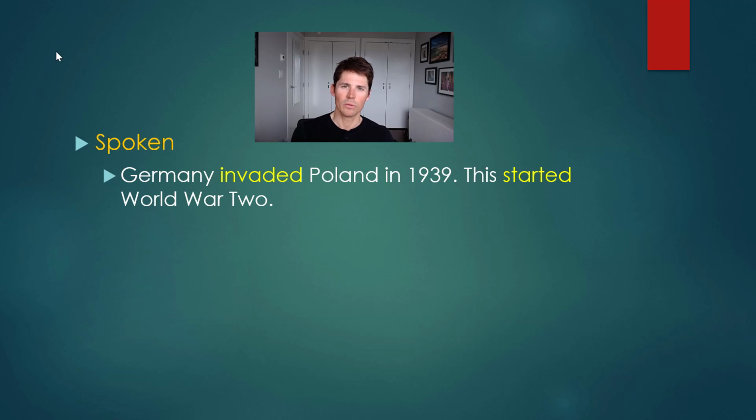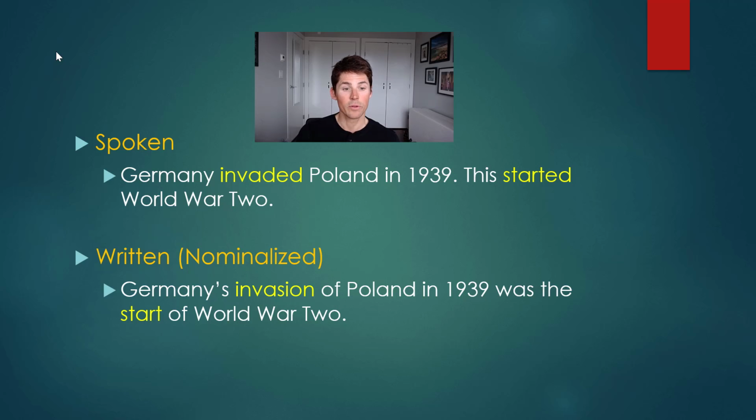Here's another example. In this spoken version, it says, Germany invaded Poland in 1939. This started World War II. In the written example, or nominalized version, we have Germany's invasion of Poland in 1939 was the start of World War II.